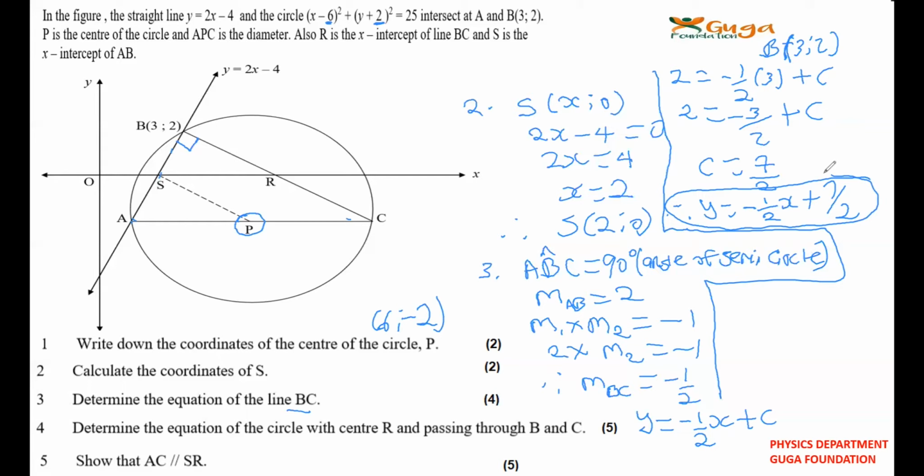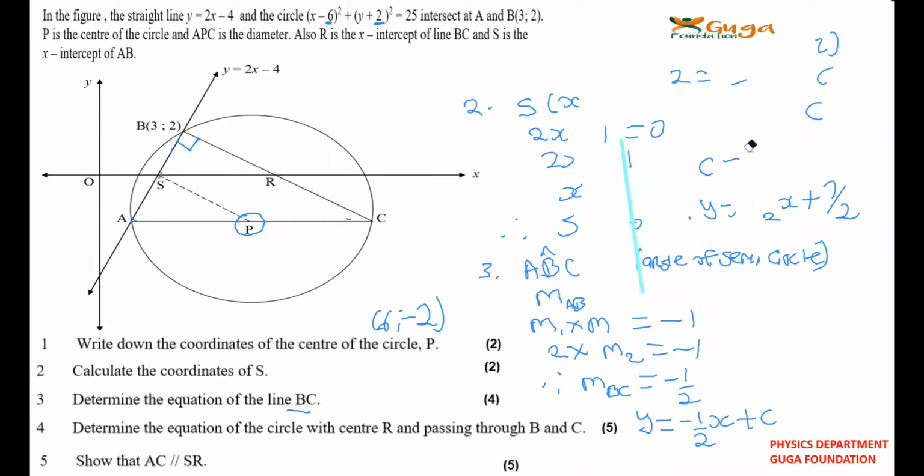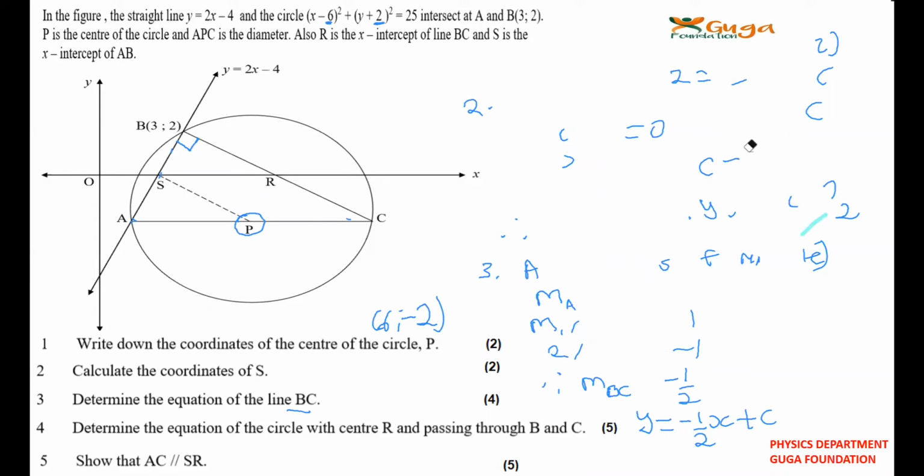All right, so now let me erase all this, and then we do number 4. It says determine the equation of the circle with the center R passing through B and C. Okay, so that's number 4.